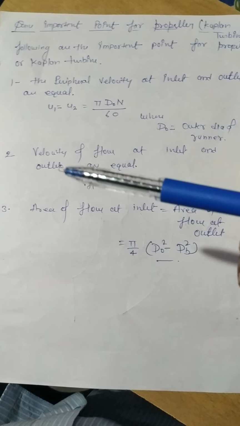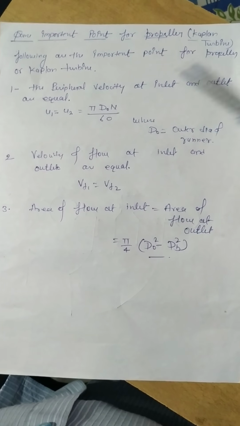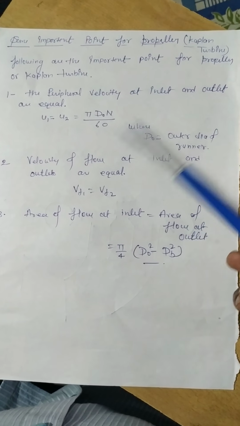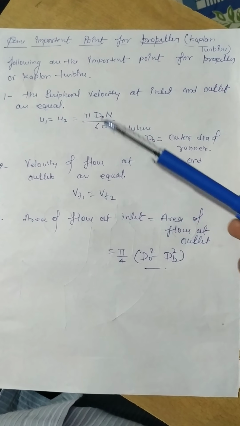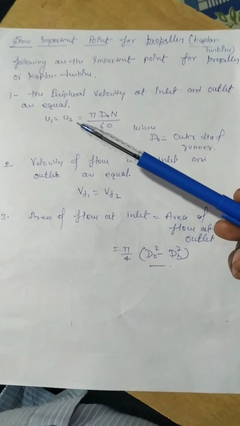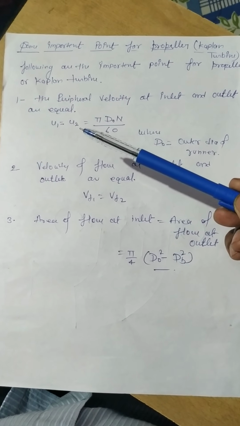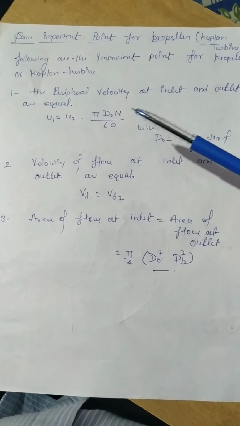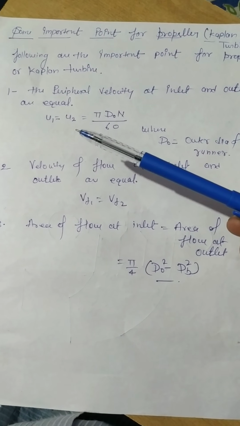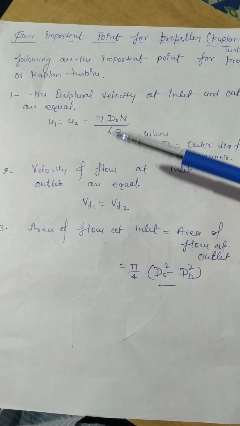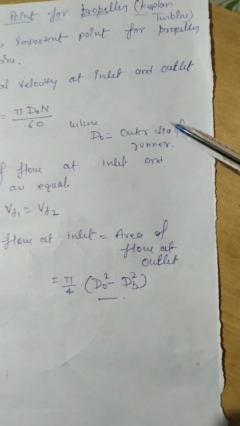So here are the important points related with the Kaplan turbine. First, the peripheral velocities at inlet and outlet are equal. The peripheral velocity means U1 will be equal to U2, that is pi dO N by 60. So remember this formula, that is U1 will be equal to U2 will be equal to pi dO N by 60, where dO is the outer diameter of the runner.